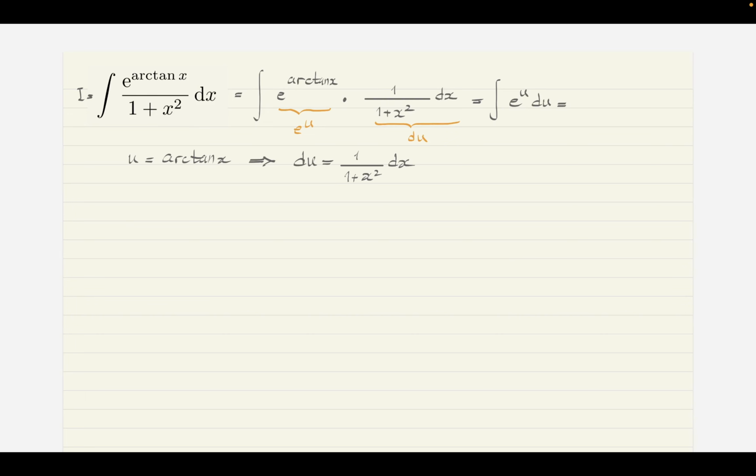I want a function whose derivative with respect to u becomes e to power u. It's very simple. It's e to power u itself and then plus a constant. But you shouldn't leave it like this because we have to switch back to the original variable. U is arctangent of x, so it becomes e to power arctangent of x, and then I have a constant c.